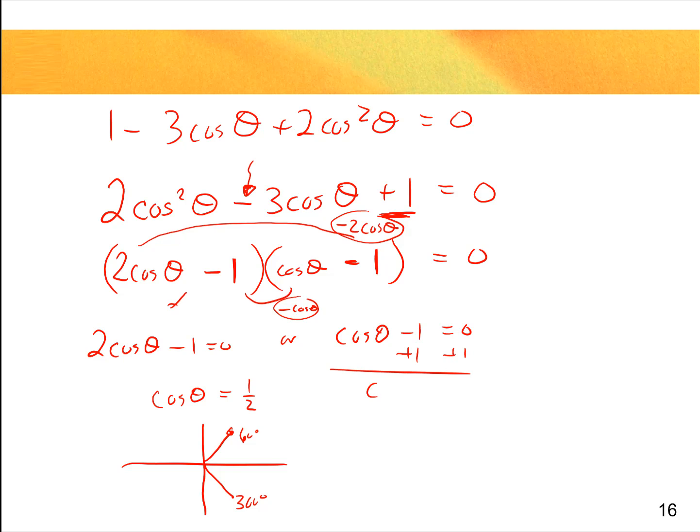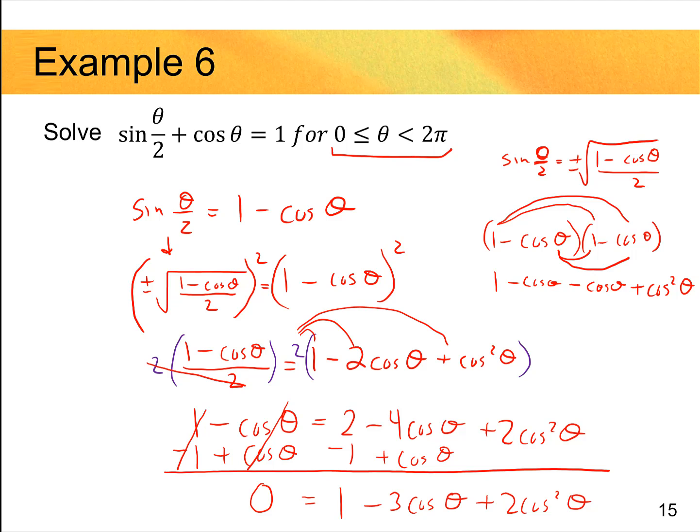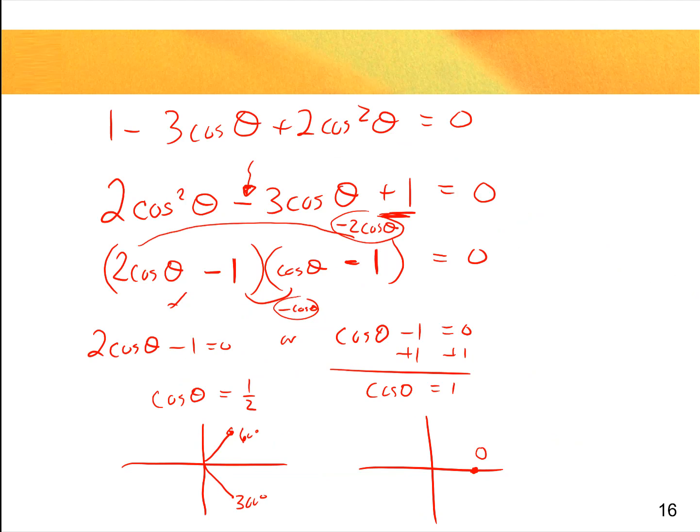Okay, let's move the 1 over. And so when does cosine theta give me a 1? Cosine theta gives me a 1 right at 0. Okay, so hold on before I get ahead of myself here. I best check here. Am I in degree mode or radian mode? Oh, I'm in radian mode. So I better convert all this to radians. 300 degrees in radians, well, this one's easy.